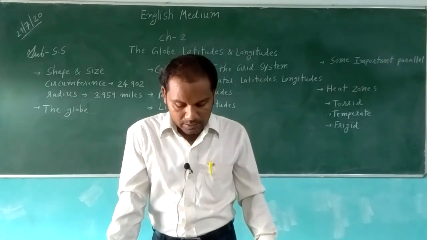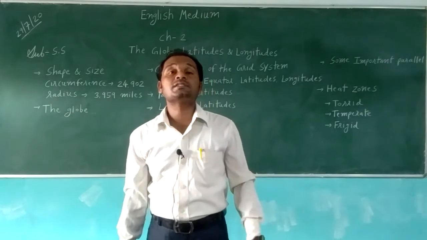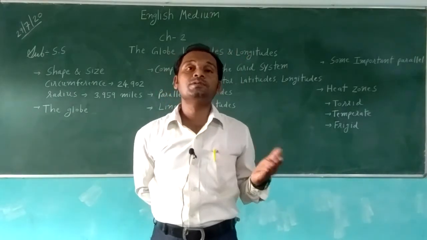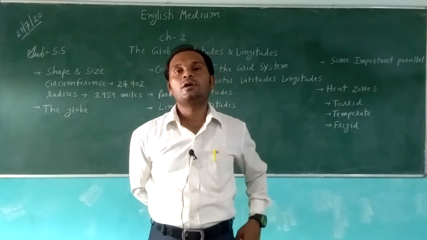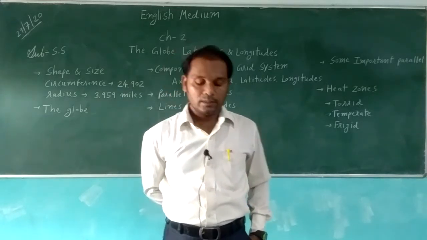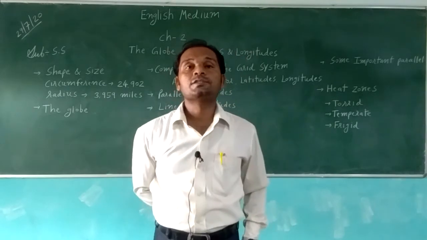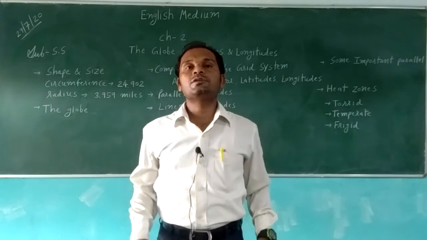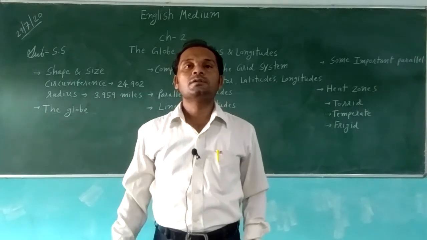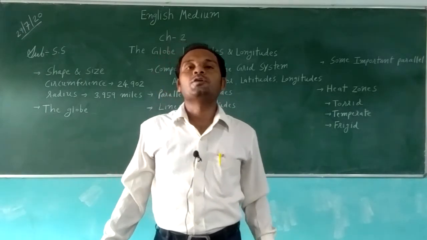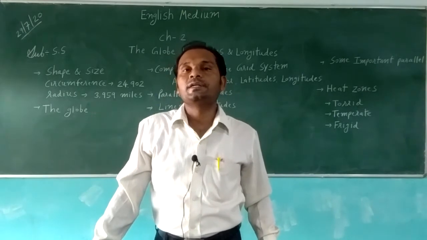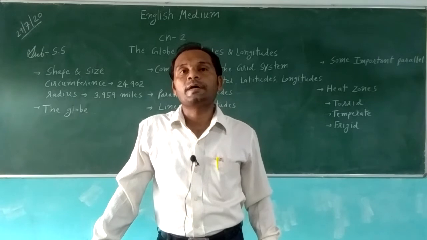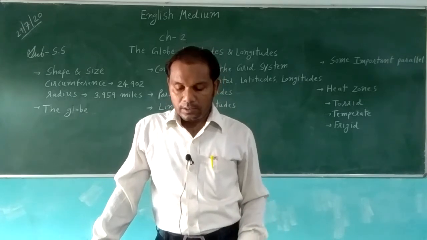So, as I told you, on the basis of distance from the equator, the whole earth is divided into three parts: torrid zone, temperate zone, and frigid zone. Torrid zone means extremely hot zone, because it is very near the equator. It is between the Tropic of Capricorn and Tropic of Cancer.